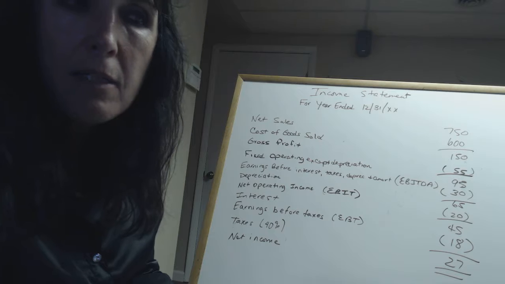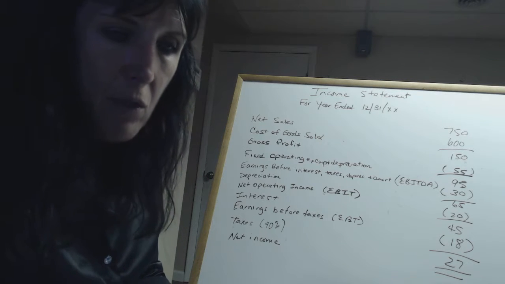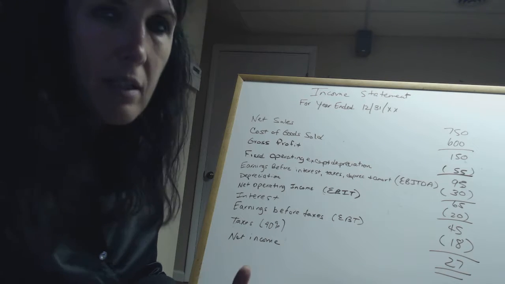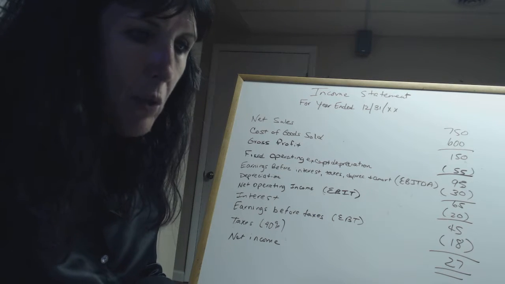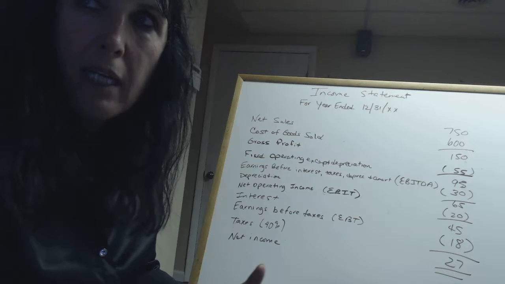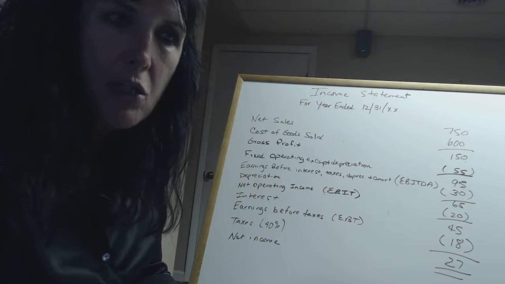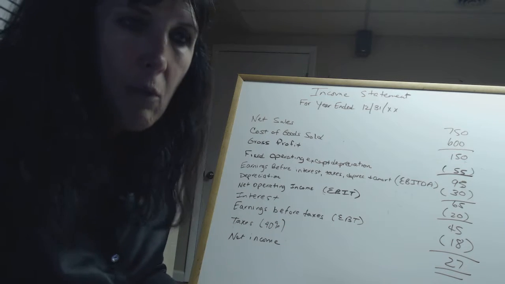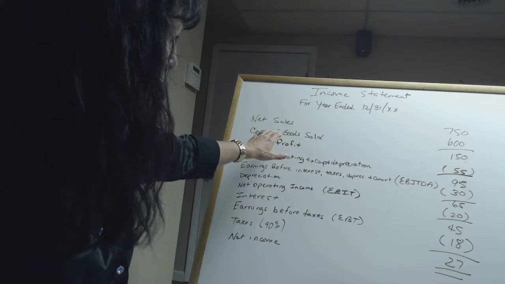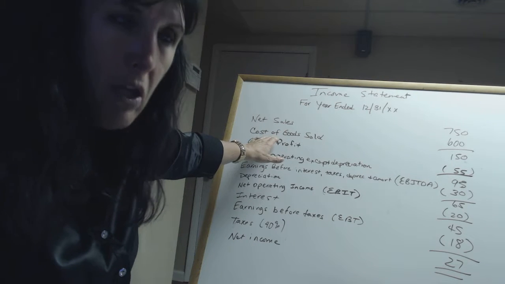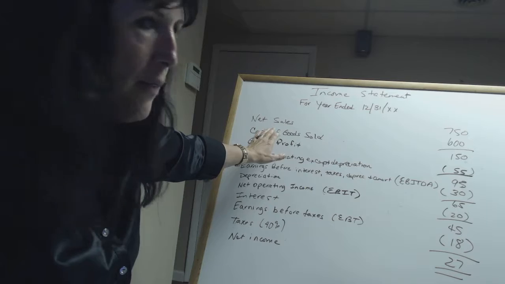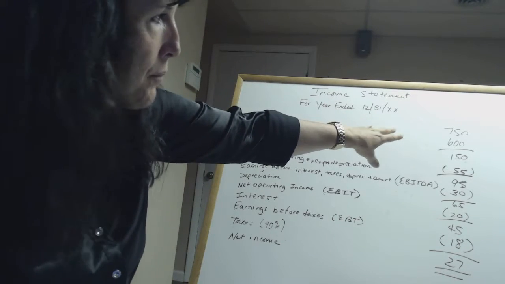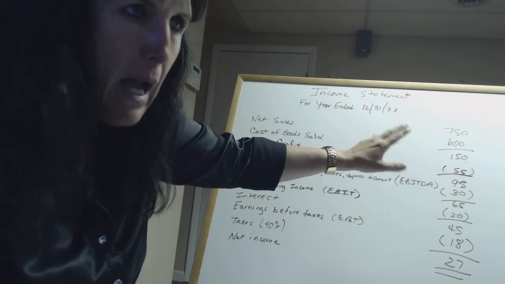Cost of goods sold is when a company buys inventory, when that inventory gets sold, the cost of that inventory moves from the balance sheet account, the inventory account, into cost of goods sold because it's the cost of the goods that were sold. So that's how much it cost us to buy or manufacture, if we manufactured it, those goods that were sold. So we sold it for 750. It cost us 600,000 to either buy it or make it.